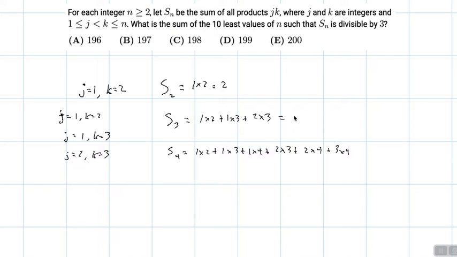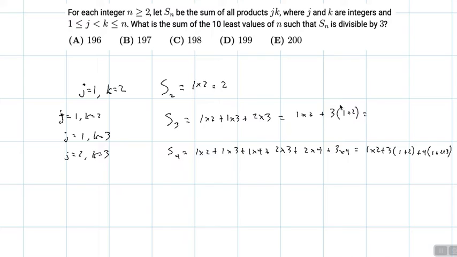And so writing this another way, this is 1 times 2 plus 3 times (1 plus 2) plus 4 times (1 plus 2 plus 3).